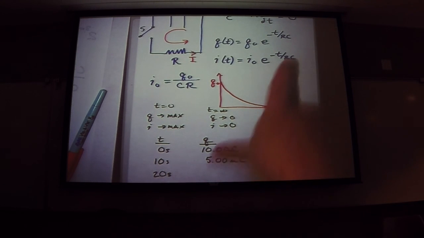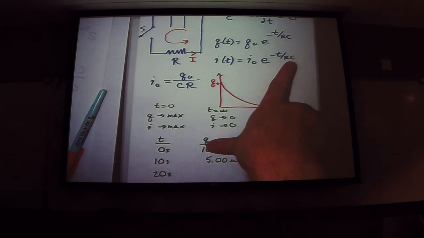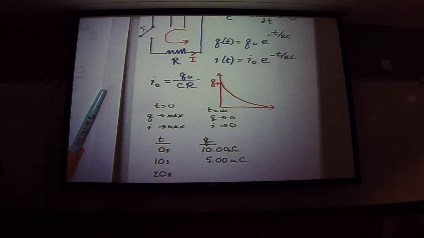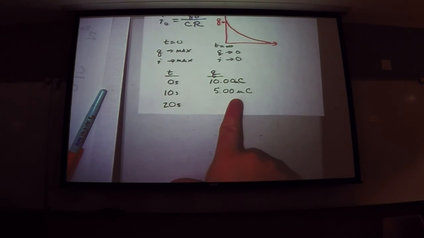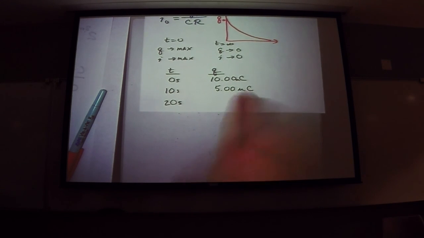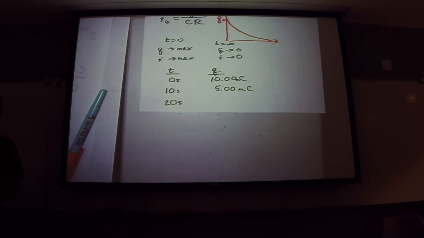So in other words, this isn't a half-life, it's a 37% life, because of the nature of the natural logarithm and the fact that when you put RC in there, it's 37%, not 50%. But it works the same way. If half of it's gone after 10 seconds, half of that will be gone after the next 10 seconds, and after the next 10 seconds, half of that would be gone. It acts like every other exponential decay.